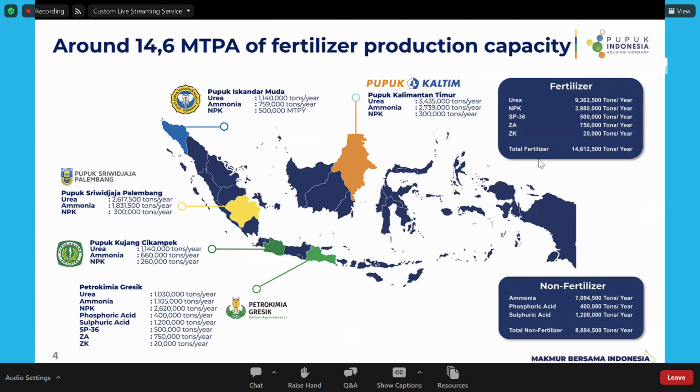It consists of different products like urea, NPK, superphosphate, ZA and ZK. And then we also produce non-fertilizer products like ammonia, phosphoric acid, and sulfuric acid with a total capacity of 8.6 million tons per year. It is produced in 5 different subsidiaries, like I mentioned earlier.